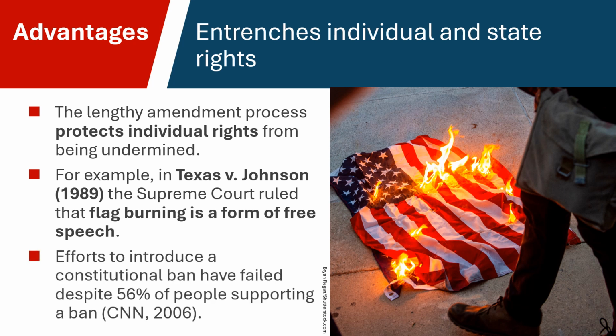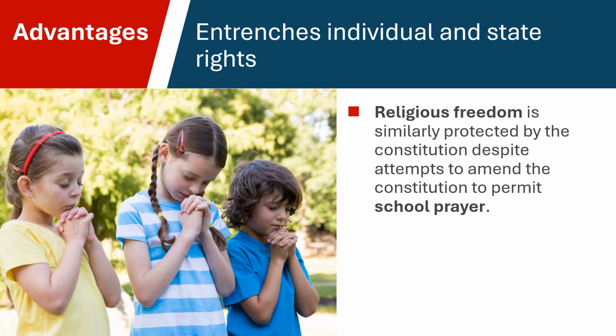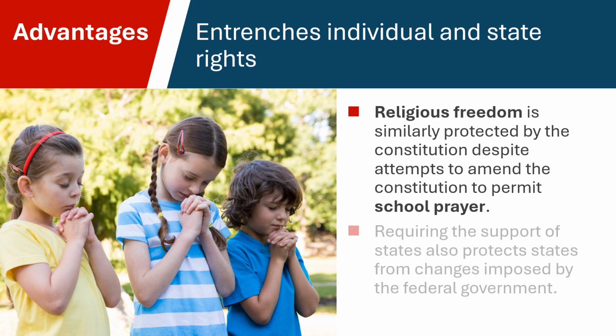Efforts to introduce a constitutional ban have failed, despite 56% of people supporting a ban. Religious freedom is similarly protected by the Constitution, despite attempts to amend the Constitution to permit school prayer. Requiring the support of states also protects states from changes imposed by the federal government.